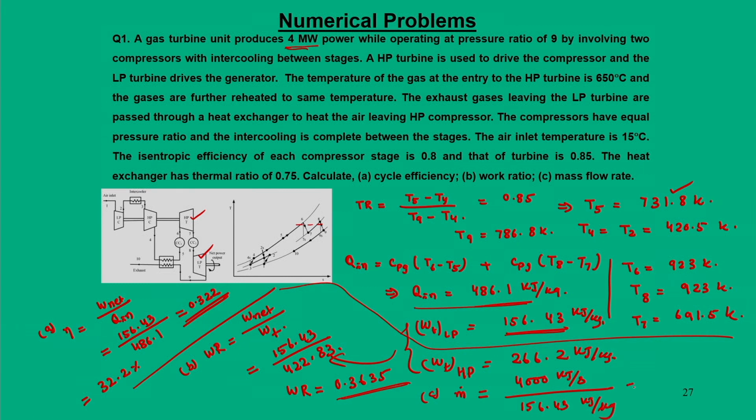This ratio will give you the mass flow rate as 25.5 kg per second.